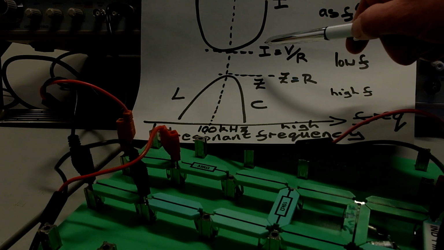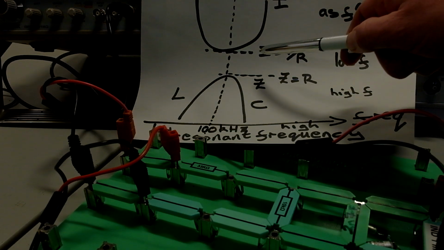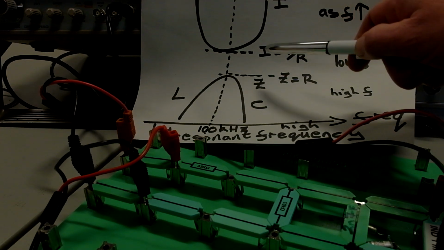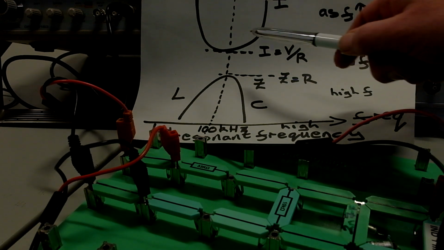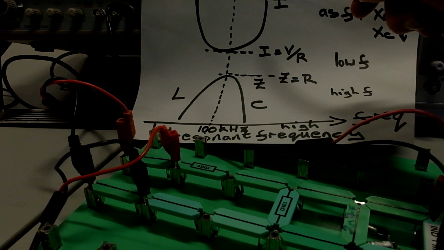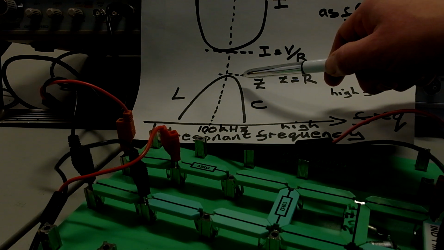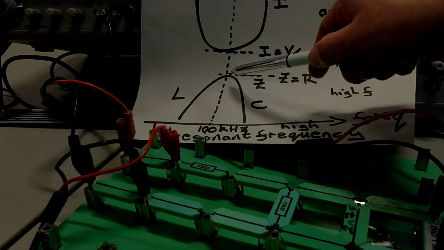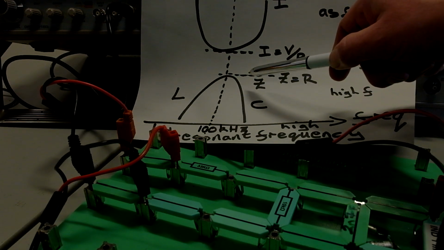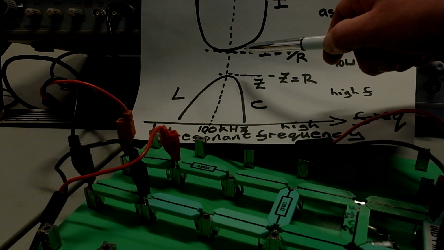At higher frequencies above resonance, the capacitor tends towards a short circuit and the inductor tends towards an open circuit, but the short circuit of the capacitor increases the current. So we get a peak in the circuit impedance at resonance, where it just equals the resistive voltage divider, and we get minimum current out of it.